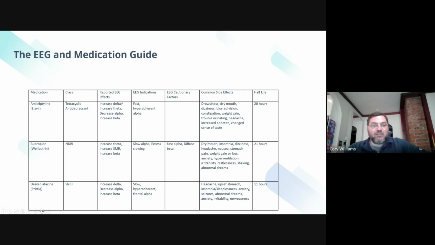Well, the EEG effects are the same. If you give someone amitriptyline, they're not going to have increased delta, increased theta, decreased alpha, increased beta. That's just not really the way this works. Most people get one or two of these. Some people get none. Some people get the opposite of these, right? Medication affects every person differently. These are what are most commonly reported in the EEG literature.